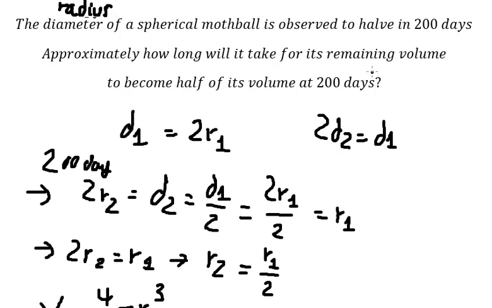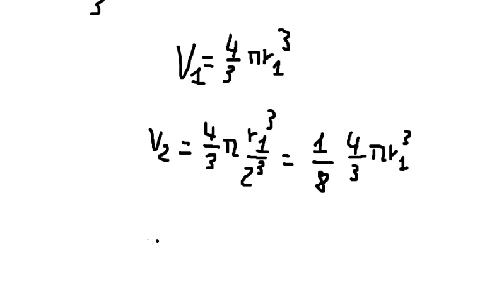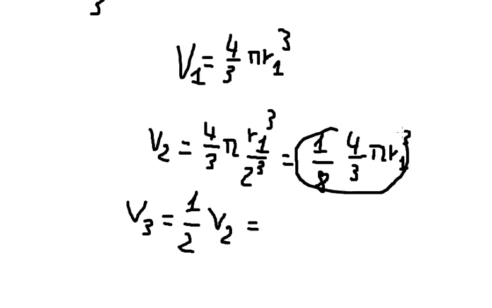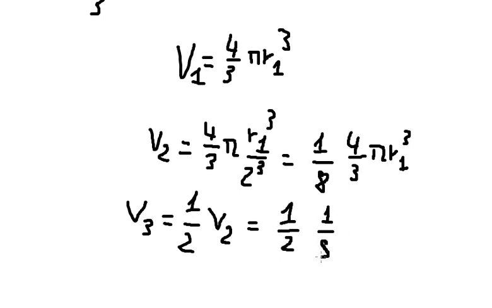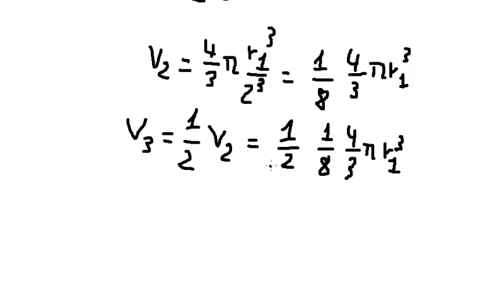Now they want to find a half of the remaining, that is v number 3. So we have 1/2 v number 2. We put this number from here in here, and number 2 multiplied by number 8, we have 1/16. So this one is v number 1.